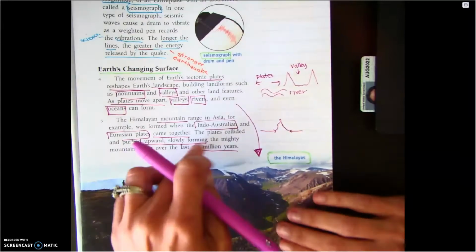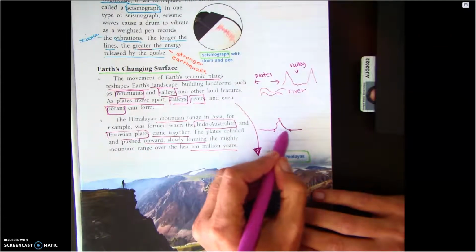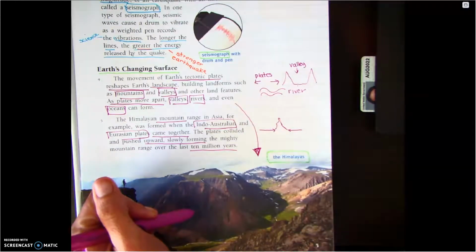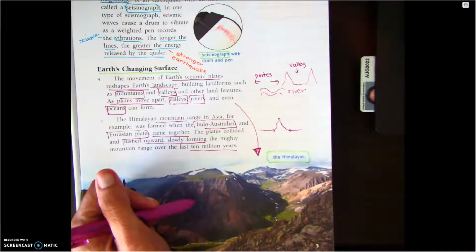Using that map helps us see where that happened too. As they float along slowly, they crush into each other, and the land is pushed up, and we have mountains. Some of the mountains we see are from volcanic activity, but some are also from earthquakes and the plates moving and pushing together.